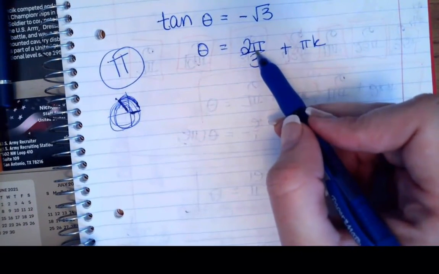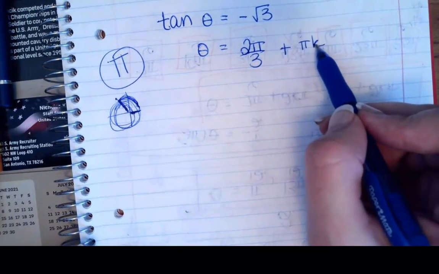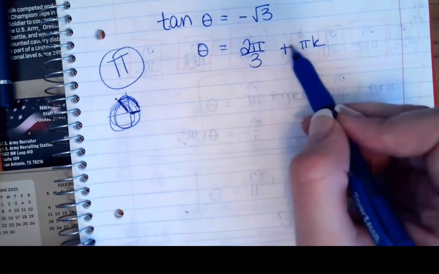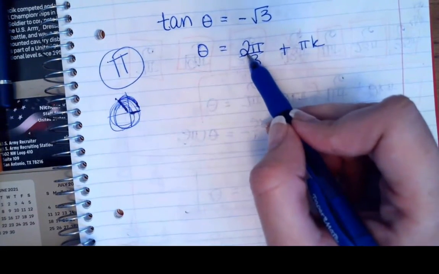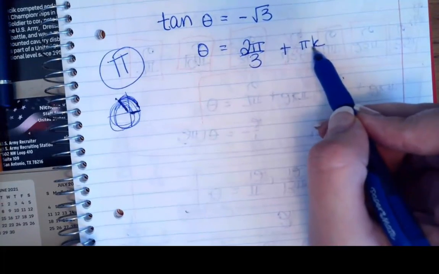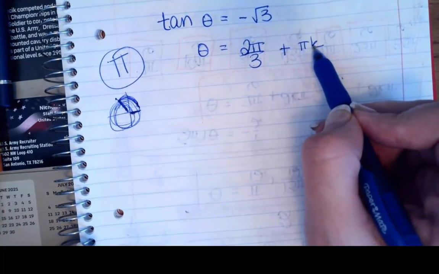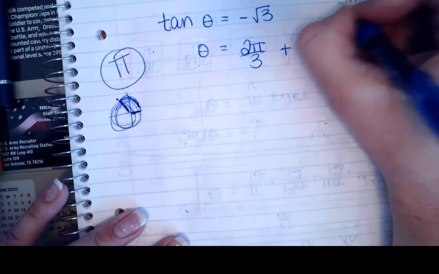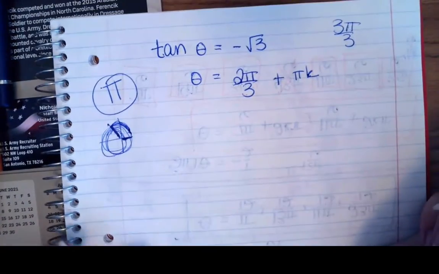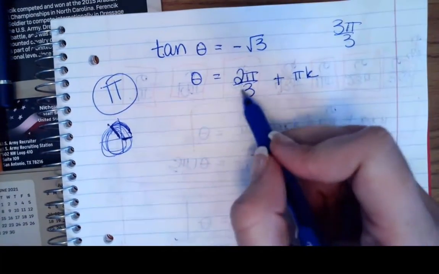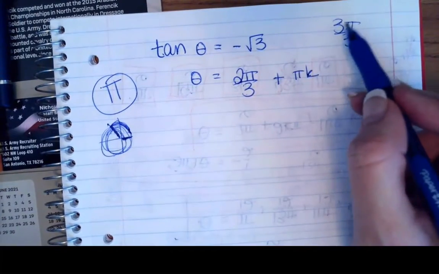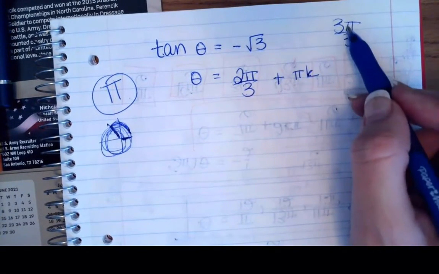In other words, if I add 0 to here, 2 pi over 3 plus 0 is 2 pi over 3. Okay, but add a unit of pi. So a single unit of pi is going to be 3 pi's over 3. A single unit of pi based on a denominator of 3 will be 3 pi's over 3, because that reduces to a pi.